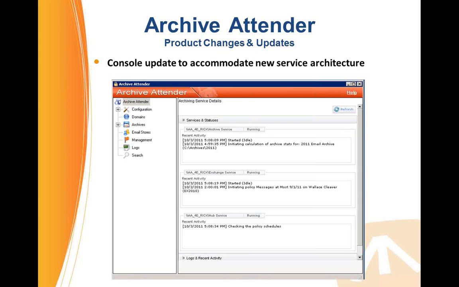So you can see at a glance what's going on with a particular service component. There's also, and I'll show you during the demo phase, a tier at the bottom of the pane that will allow you to access logs and recent activity at each one of the services. As you notice on the right, this pane will scroll, so if you've got multiple Exchange and Archive services, you can scroll down and get a view of what's going on with the different services.